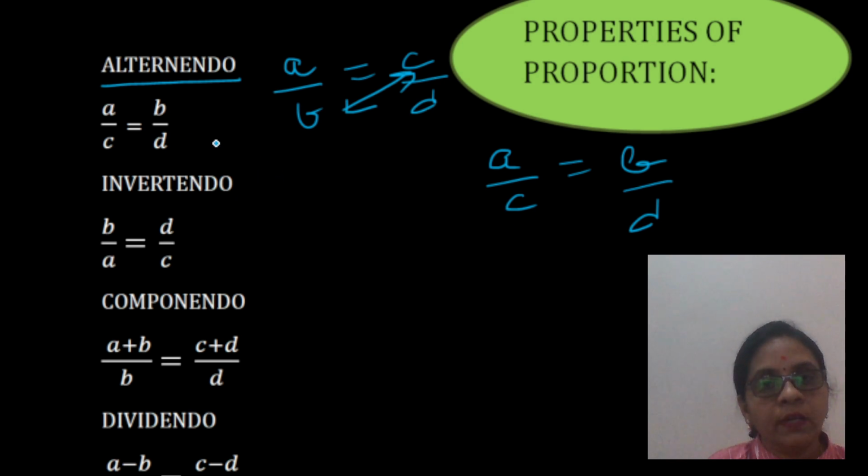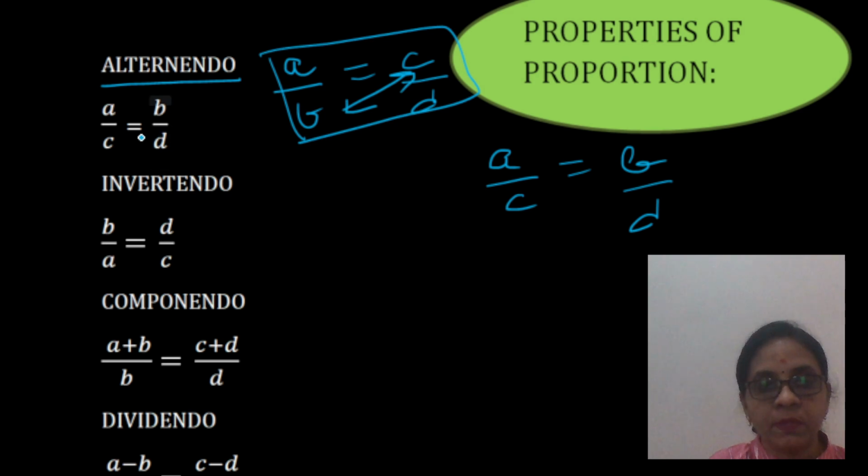Next is invertendo. Children, invertendo means in this proportion, each ratio gets reciprocated.